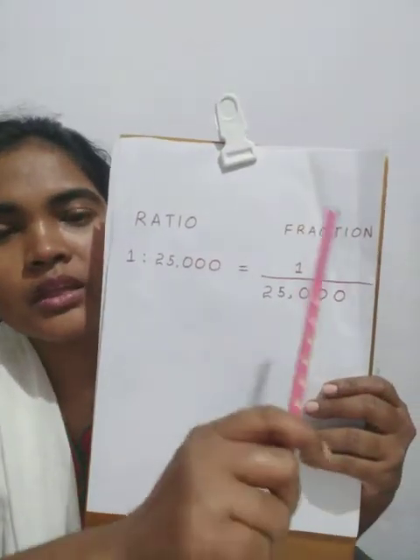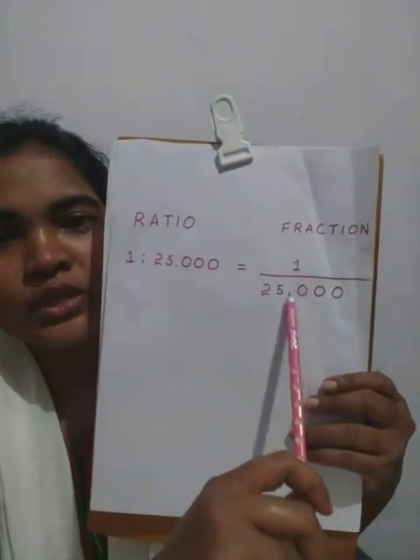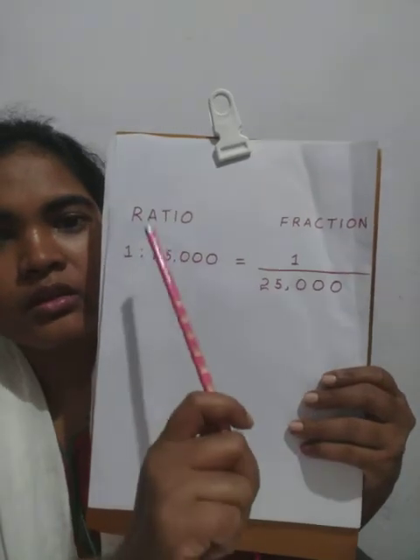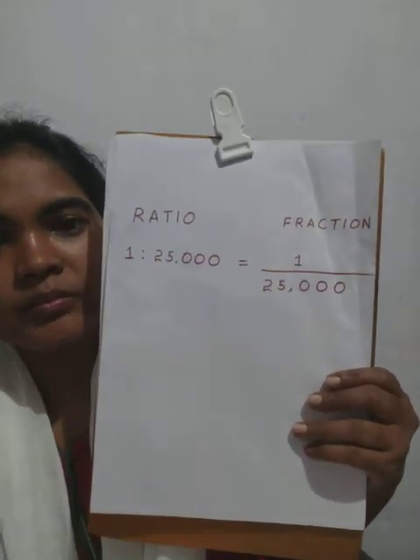Next we have RF, which stands for representative fraction. This type of scale gives a numerical fraction or ratio of map distance to ground distance.